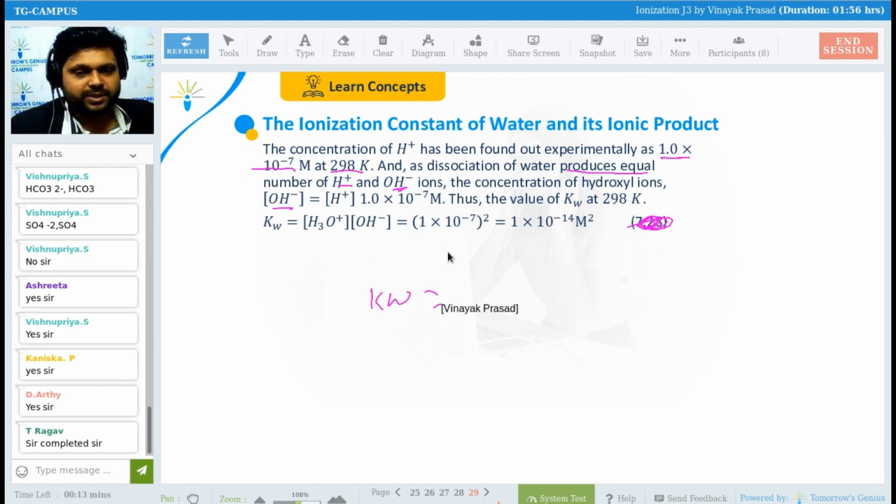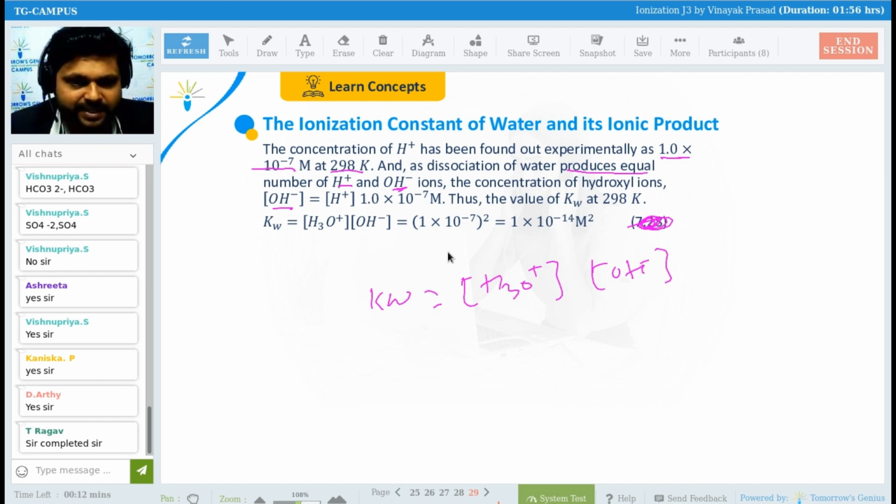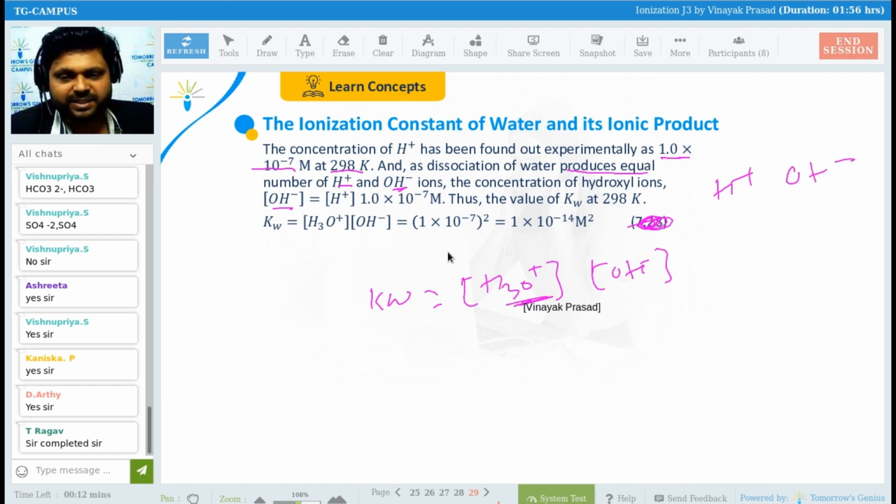So we will get the value of Kw equals the concentration of H3O plus into OH minus ion. Finally, that will be the same, 1.0 into 10 to the power minus 7 hydroxyl ions, 1.0 into 10 to the power minus 7 ions. Getting my point, guys? It is saying that dissociation of water produces an equal number of H plus and OH minus ions, so whatever the value of one, the value of the other will be the same.